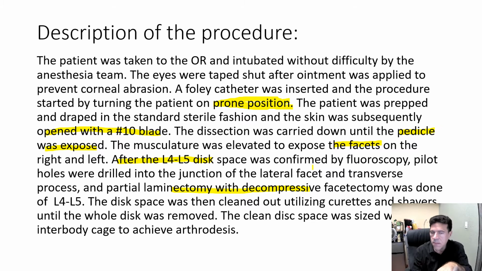Alright? They did the laminectomy, approach, facetectomy, took a piece of the facet, which is a part of the vertebra, and then they're right there in the lumbar 4, lumbar 5, right here. So this space was then cleaned up to here.